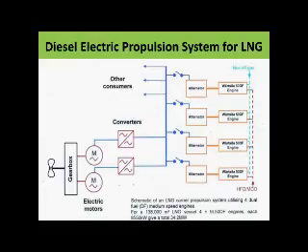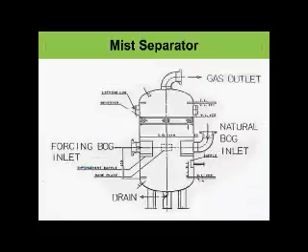This is a Wärtsilä system which they were using, and of course they have got different gearboxes, converters, etc. This is the mist separator, which I have shown you earlier in the picture, and this is the forcing boil-off gas inlet.